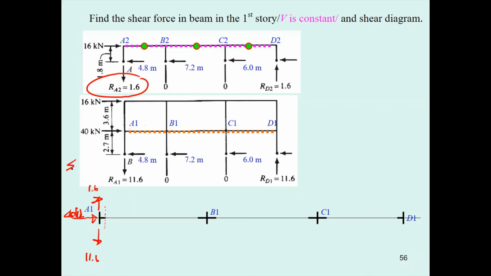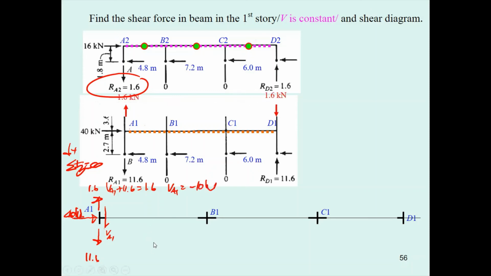We use the summation of F sub y equal to 0, with downward as positive. So we have V sub A1 plus 11.6 equal to 1.6, so V sub A1 is going to be minus 10 kilonewton.